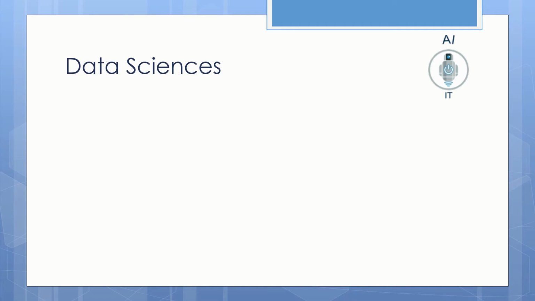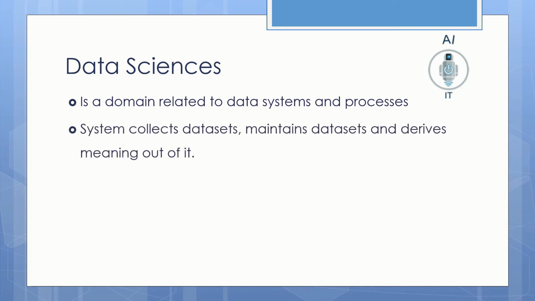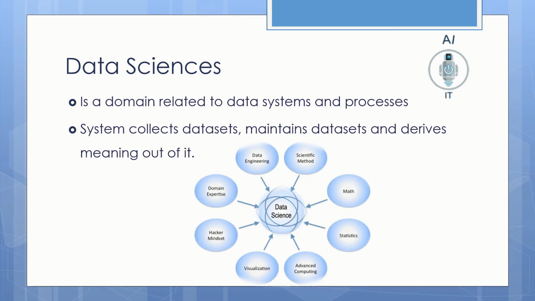The first one is data sciences. Now this domain is related to data systems and processes in which the system collects a lot of data. So the system collects data sets, maintains them, and tries to derive some meaning or sense out of it. In simple words, we can understand a data set as a collection of data in tabular form. Now, what kind of data is fed into these machines?